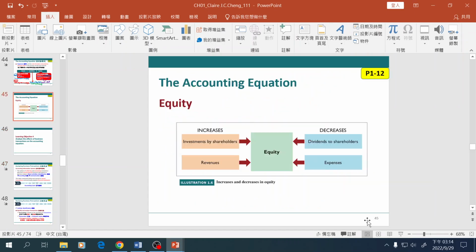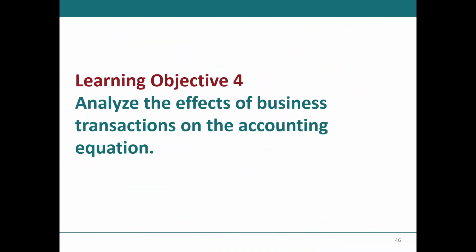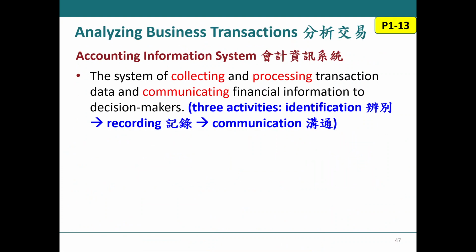So based on the knowledge we talked about already, we try to practice figuring out what's going on in a company. Right here on slide 47, textbook 1-13, we try to do 3 accounting activities.